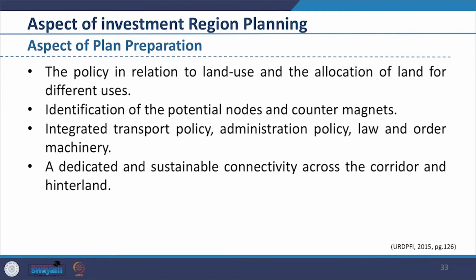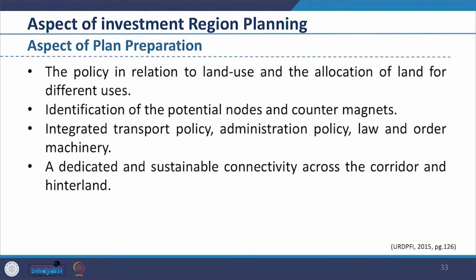The approach of plan preparation should be followed by encapsulating the vision for the investment region, which should become the basis for preparation of the perspective plan for the region. Now we will look at various aspects of investment regional planning. Here we see what all consideration elements are essential for working out the investment region plan.